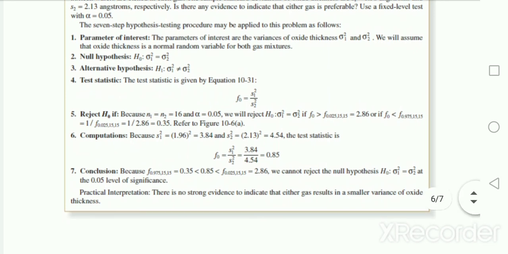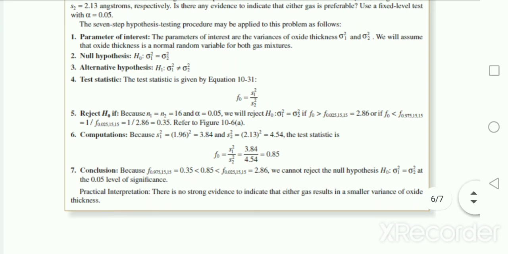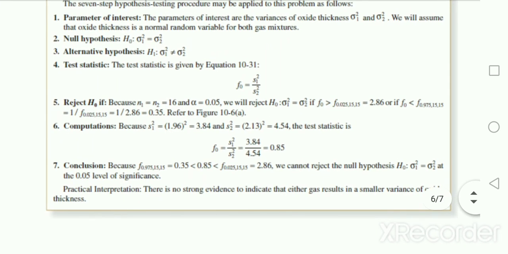The rejection criterion, since the alternative hypothesis is sigma 1 square not equal to sigma 2 square, is either F naught greater than F alpha by 2 comma n1 minus 1 comma n2 minus 1, or F naught less than F 1 minus alpha by 2 comma n1 minus 1 comma n2 minus 1.